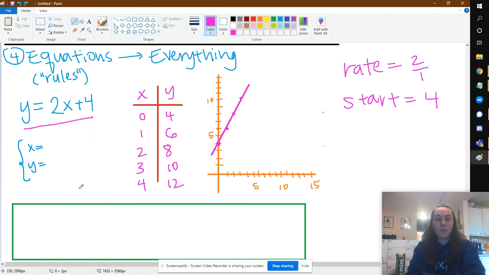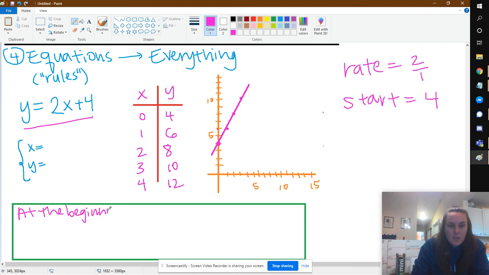All right, let's get to a scenario. It's something where we start with 4 and we add 2 per one thing. So let's say, at the beginning of the year, I had 4 sweaters.